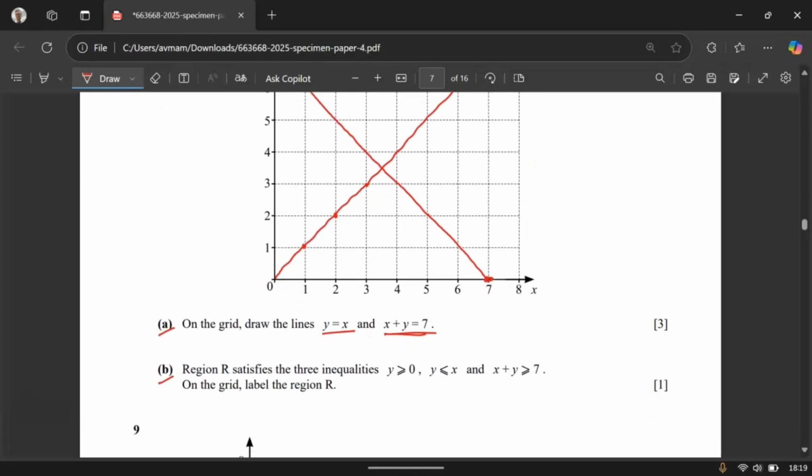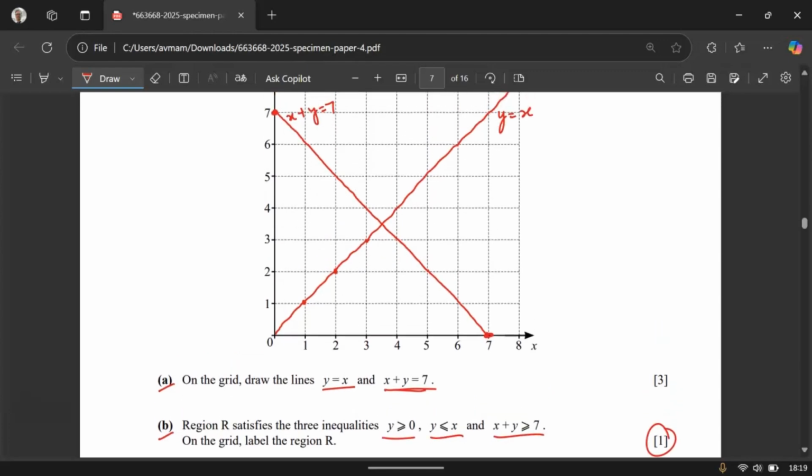Part B says region R satisfies the three inequalities. Y is greater than or equal to 0, y is less than or equal to x, and x plus y is greater than or equal to 7.